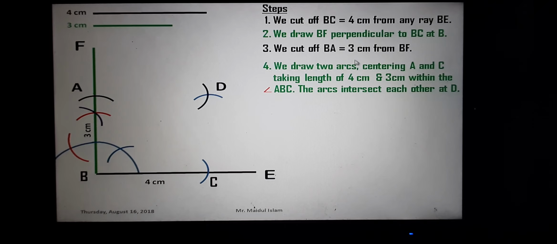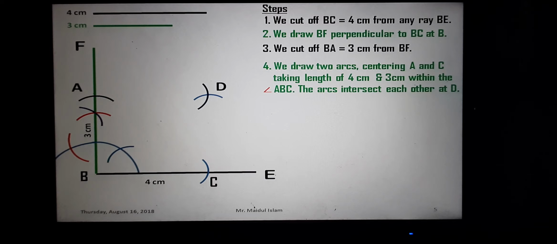We have to draw how many arcs? 2 arcs within the angle A, B, C, or simply you can write angle B. Within the angle B, centering A and centering C, we draw how many arcs? 2 arcs, taking the length of 4 centimeter and 3 centimeter respectively.